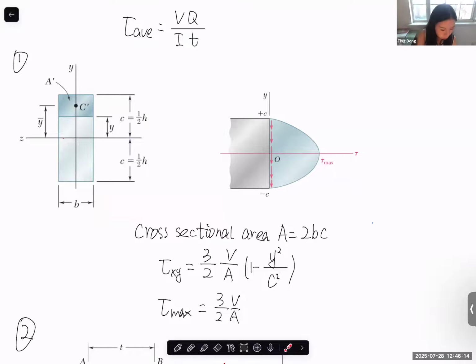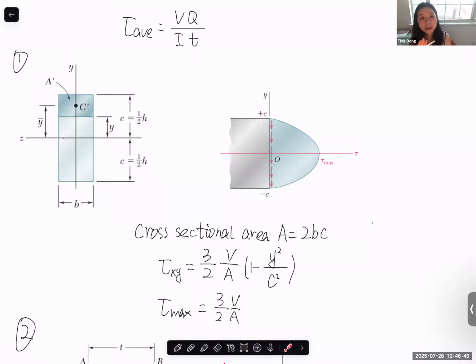It's just general. This y can be anything. It can be this distance, this distance, or this distance. The y is not half of c when I derive this equation. The equation I derived in class is for the general case. It's not y equal to half of c. No, it's not half. We have to use it for finding the max.